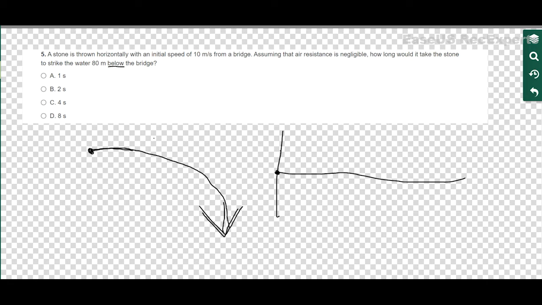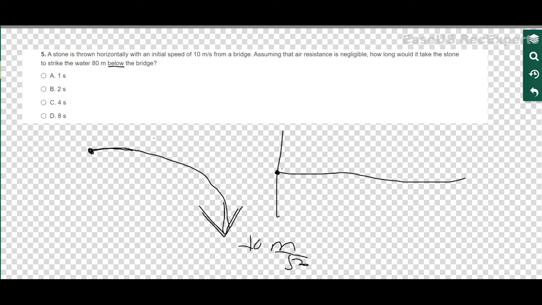And because the only vertical force acting upon it is gravity, right? You got to remember that motion in the x is independent of motion in the y, or in this case, motion in the horizontal axis is independent of motion in the vertical axis. The only force acting upon the stone vertically is gravity, which is going to accelerate the stone at a rate of 10 meters per second squared.